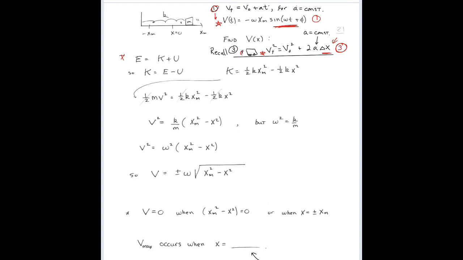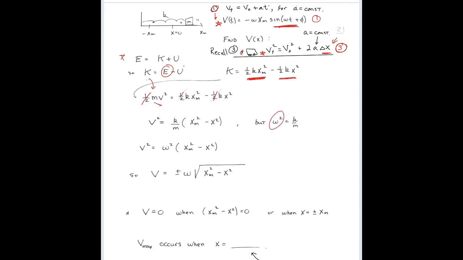All right. So I'm going to start with total energy is kinetic plus potential. Solve it for kinetic. And so I put in the total energy 1/2 k x max squared, potential energy 1/2 k x squared. And then the kinetic energy is 1/2 m v squared. Got rid of the halves. Divide by m, so the m came down on the bottom.